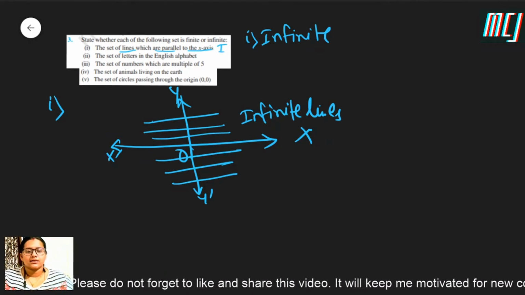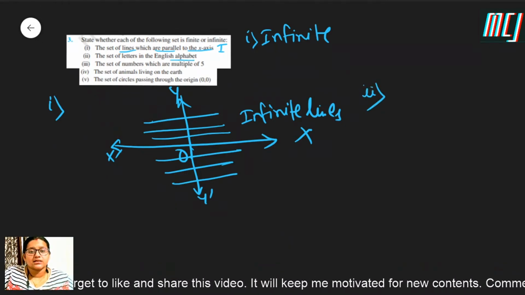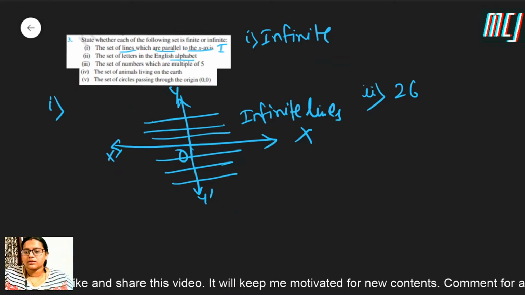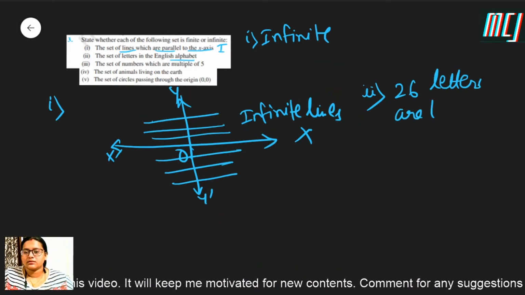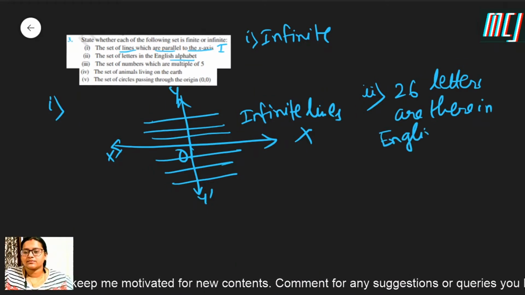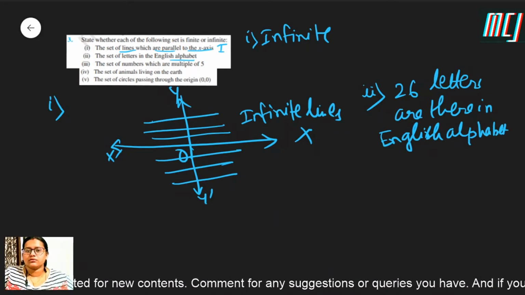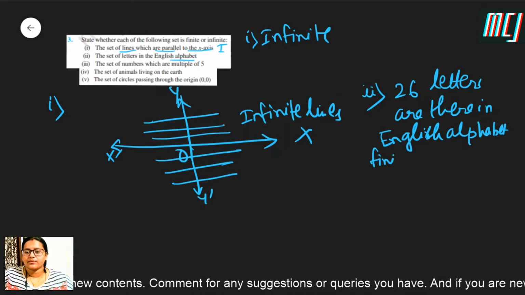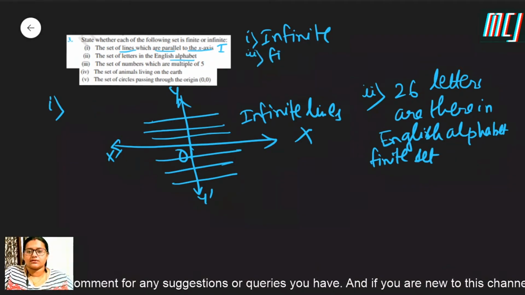Okay. Next, see number 2. The set of letters in the English alphabet. We know that 26 letters are there in the English alphabet. So this is a finite set. Question 2 is finite.